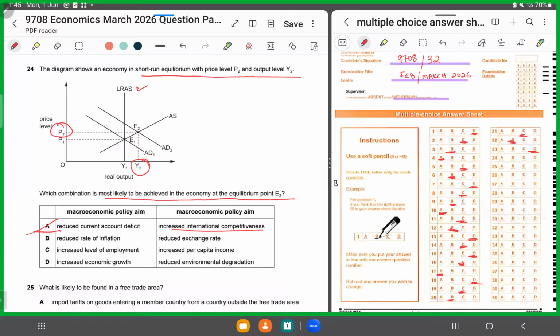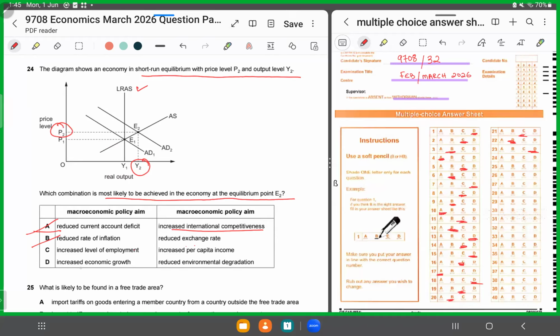It cannot be A. Similarly, it cannot be B, because in B it says reduced rate of inflation and reduced exchange rate. So inflation is increasing and not falling. So it cannot be B.